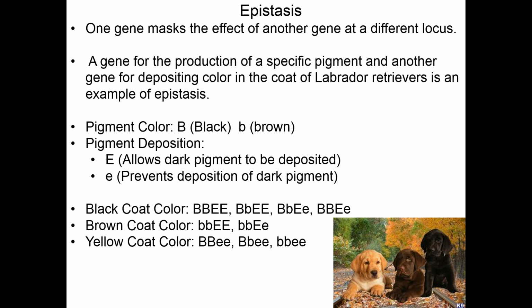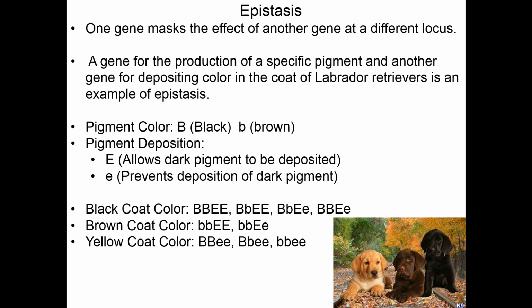So here a Labrador Retriever that has a black coat color. This individual can be homozygous dominant for pigment color and pigment depositing. They can be heterozygous for pigment color and homozygous dominant for pigment depositing.